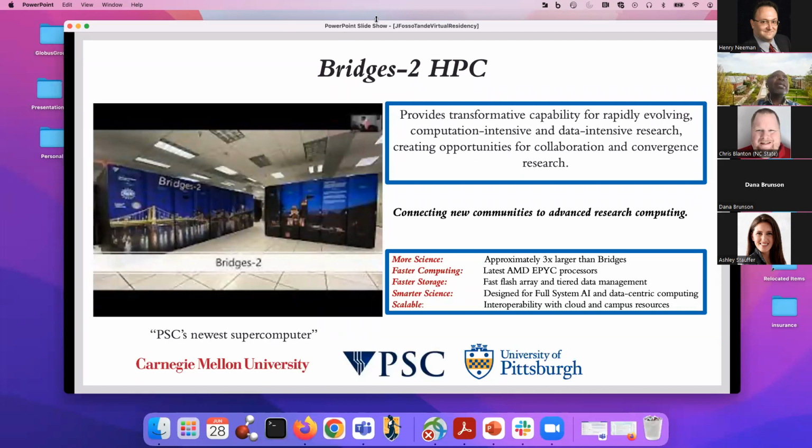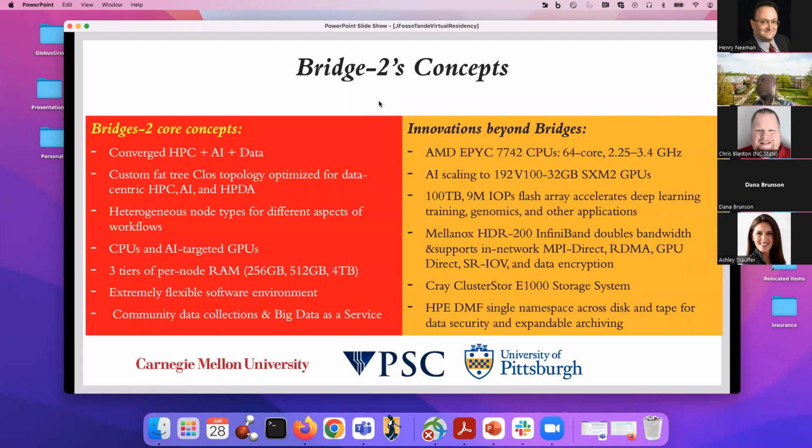It looks like there is a question here in the chat. Okay. So Bridges 2, to look at the core concept: it has a converged high performance computing plus AI and data. So it has custom fat-tree topology optimized for data-centric HPC, AI, and high-performance data analysis.